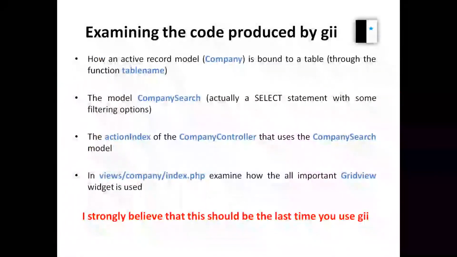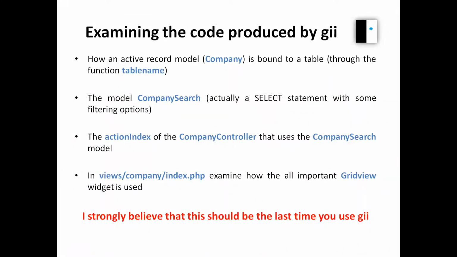But let us examine the code that Yii produced. Let's see some details. Let's have a look at the model company and how this ActiveRecord model has been bound to the table company through the function table name.